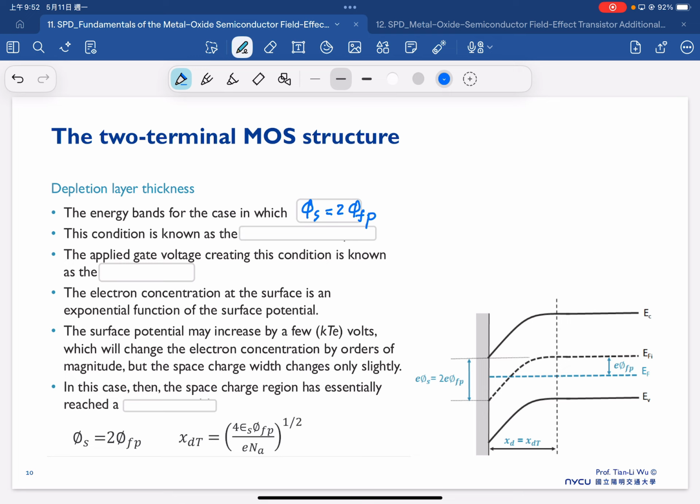Normally we consider this a very critical condition that we call the threshold inversion point. The gate voltage that creates this condition, we call the threshold voltage.